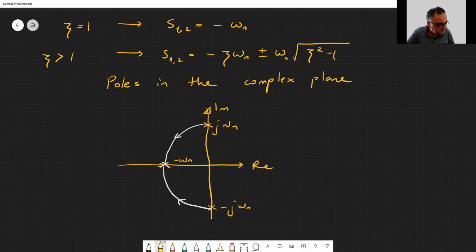Okay. So here you have zeta equals 0. Here you have 0 less than zeta less than 1. Here you have zeta equals 1. And then one of the poles goes like this. They become real and go in this direction.